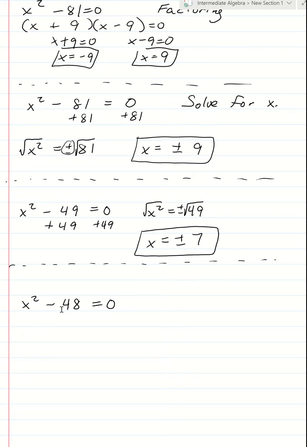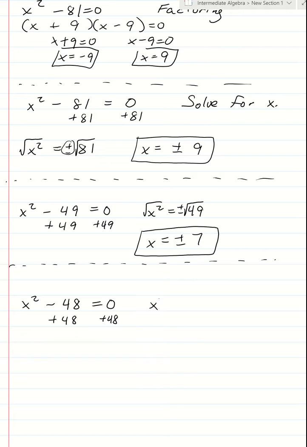So we need an alternative method to solve this quadratic equation. And luckily for us, since we have a squared quantity of x squared, and we have the numerical quantity of 48, we could use this now square root method to solve this quadratic equation. I would of course begin by adding the 48 over to both sides.